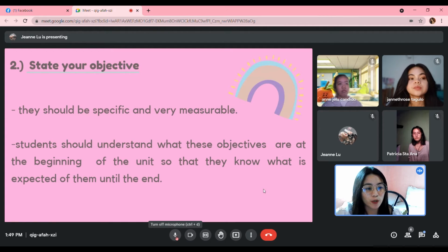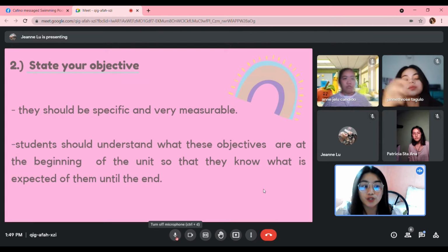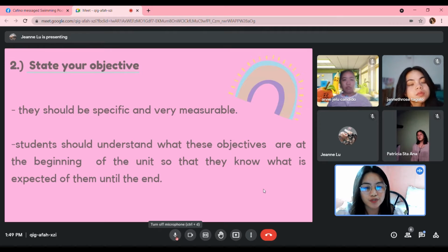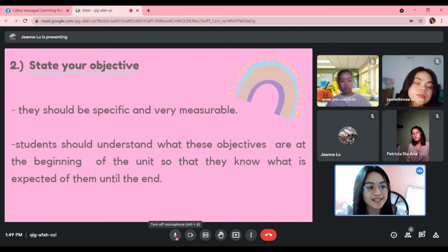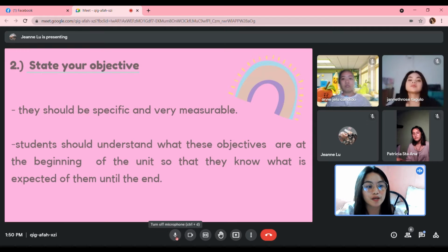So it is really important to include your objectives in using the ASSURE model, because through objectives, you are giving your students an overview of how they would understand your lesson and what are the things that are expected of them at the end of the lesson. So that is why stating your objective is very important.